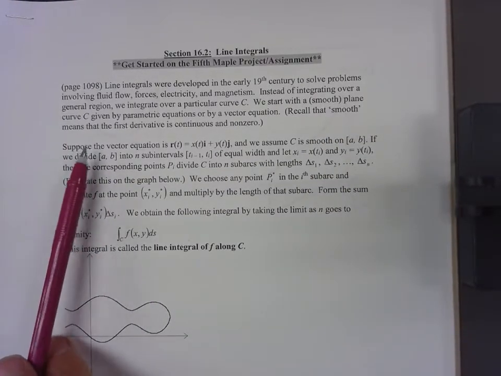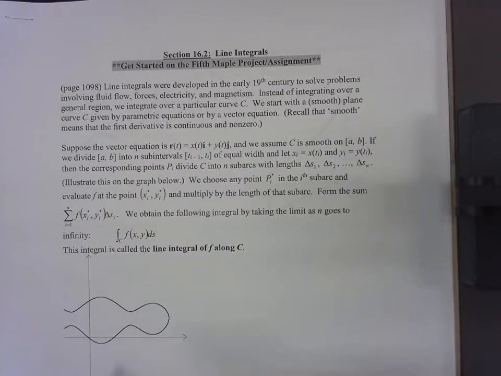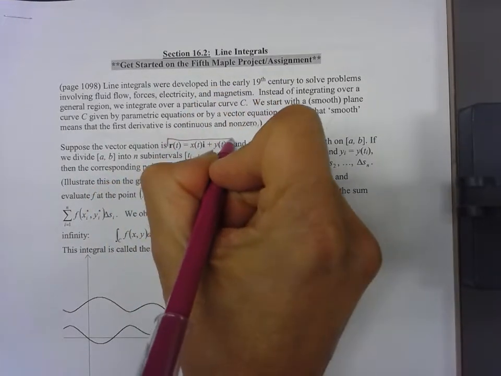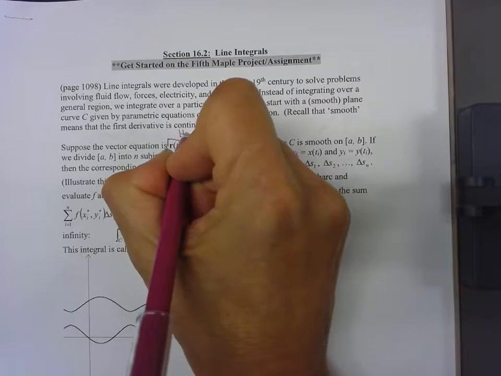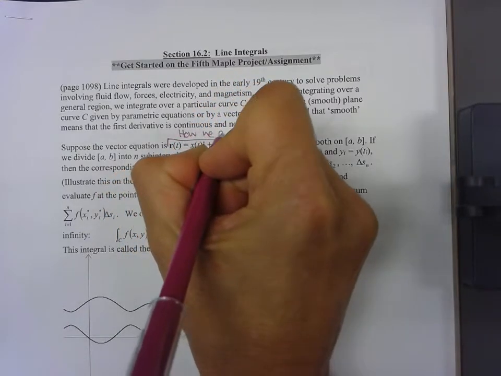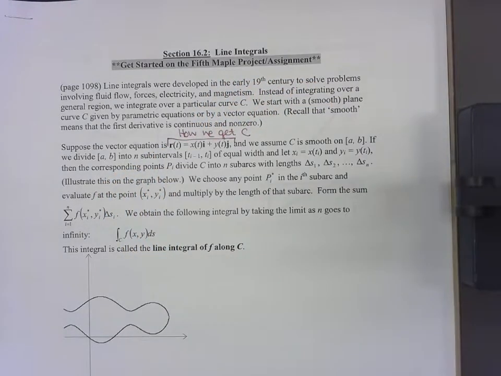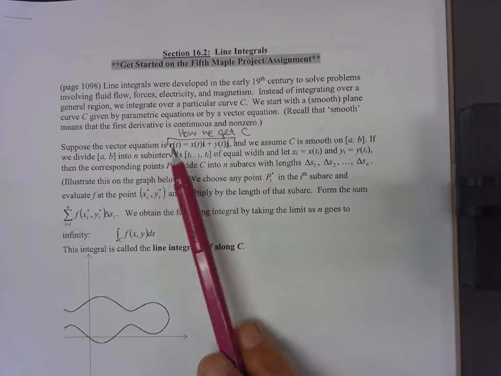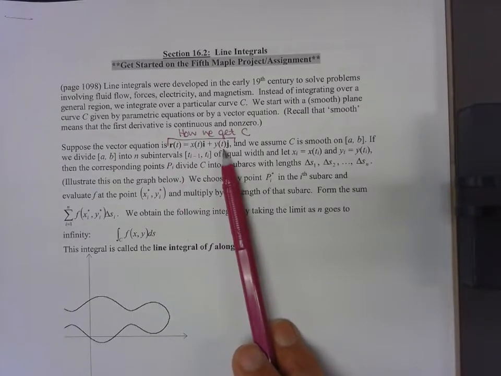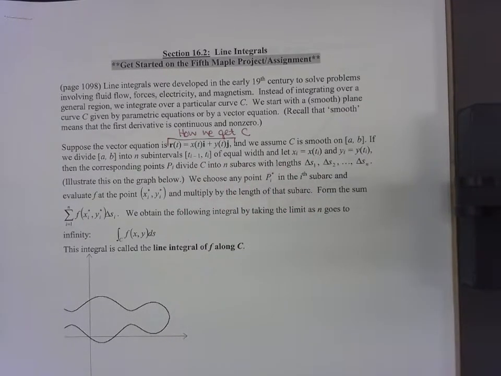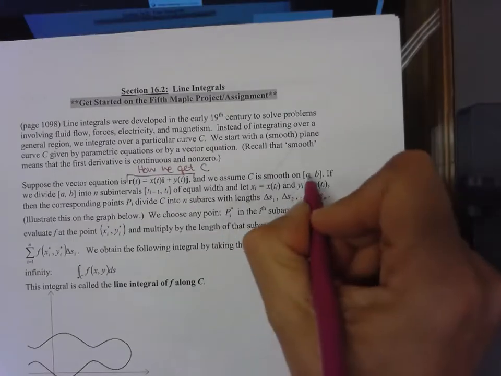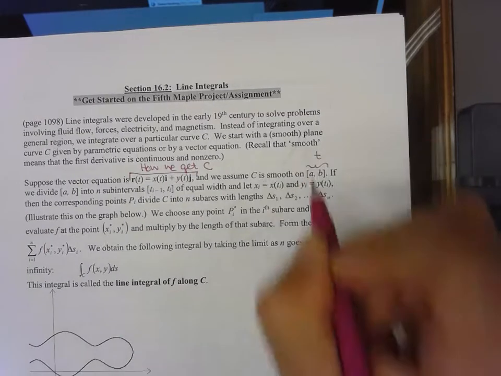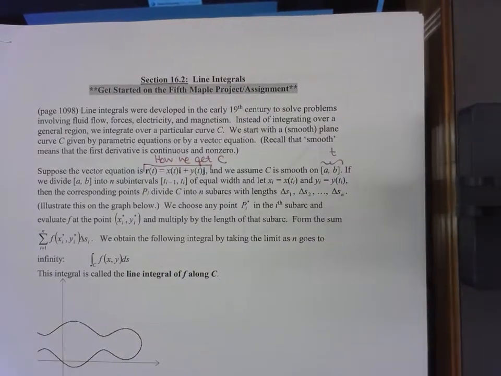Suppose that the vector equation, so this is how we get C, is this. There's the vector equation of the curve, and we assume that curve is smooth on some interval AB. This AB is an interval for t, so that's like your time.